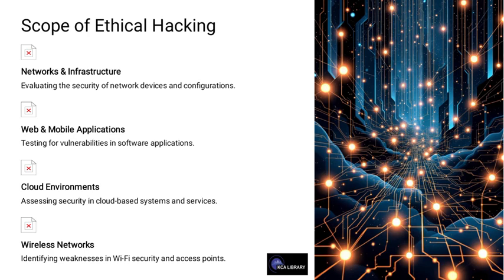This is testing for vulnerabilities in software applications. There are also cloud environments as a scope, which is assessing security in cloud-based systems and services. And the last one is wireless networks, that is identifying weaknesses in Wi-Fi security and access points.